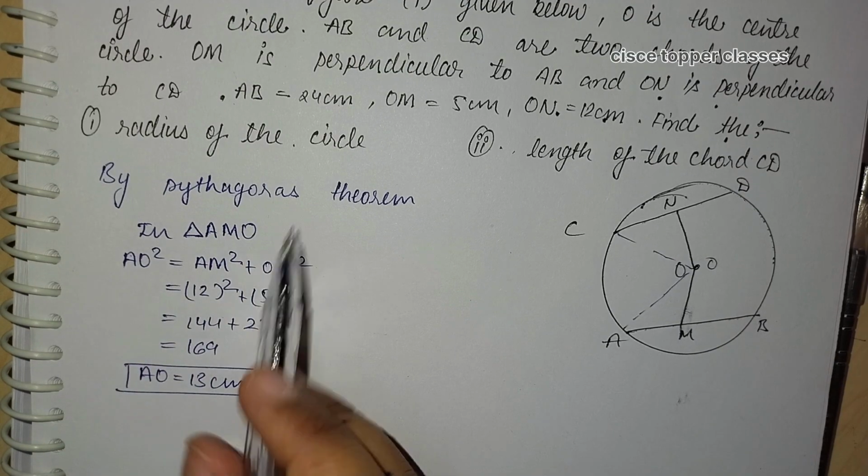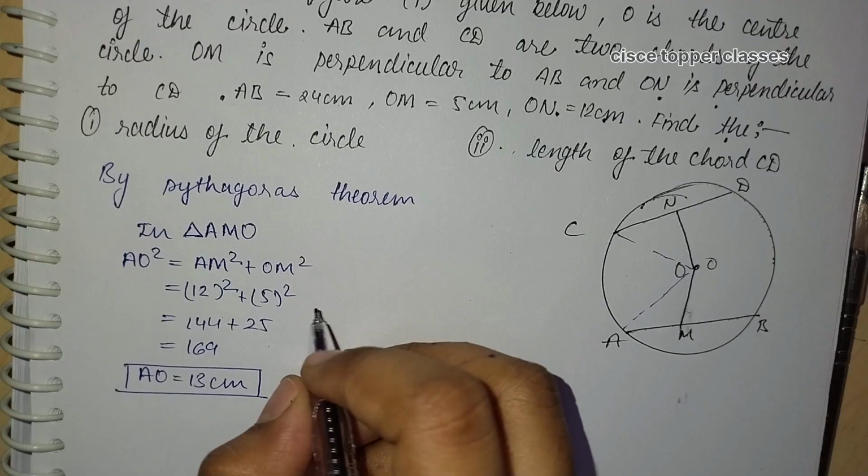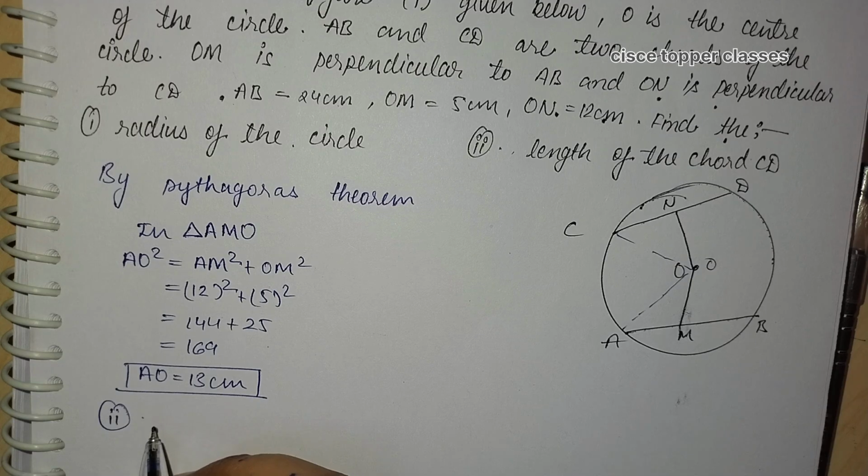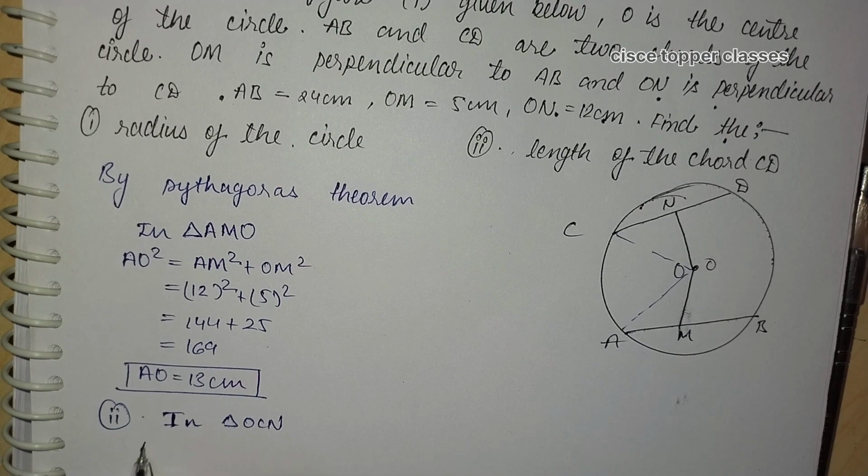As this is the radius of the circle AO, we can now find the length of the chord CD, which we have to find. From this given information of the radius, we can simply find the value of CD by working in triangle OCN by Pythagoras theorem again.